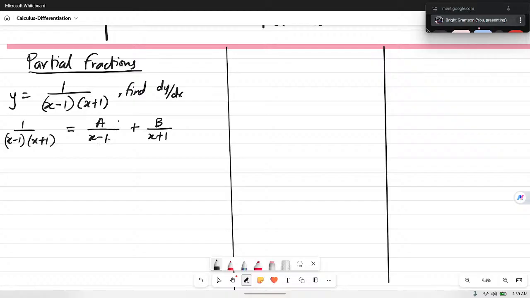When the denominator is a quadratic function, the numerator becomes a linear function, and so on and so forth. It just has to be a proper fraction where the numerator has a lower exponent and the denominator has a greater exponent. Multiply through by LCM.